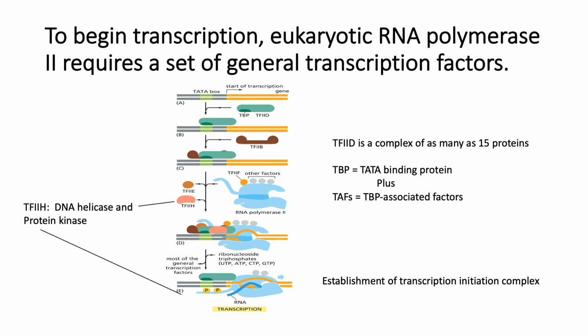So it unwinds the DNA and allows the polymerization of the nucleotides. But it also has another function. It's a protein kinase. And this is thought to be the general transcription factor that is activated to phosphorylate the RNA polymerase. So TF2H does at least two things: DNA helicase and protein kinase, and a lot of these other proteins also have multiple functions, but a lot of them have just not been worked out.